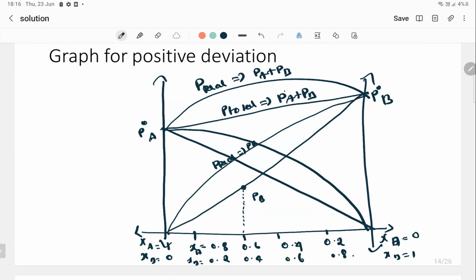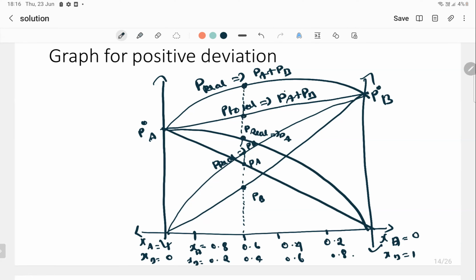Likewise, according to Raoult's law the PA value will be this thing, but according to positive deviation it will be P real, that is PA. And here P total according to Raoult's law, and here P real, that is PA plus PB.